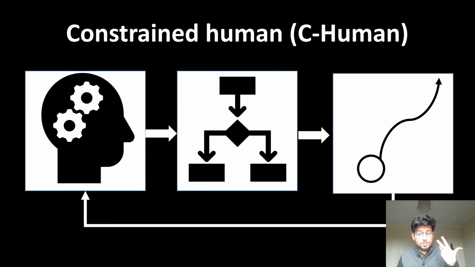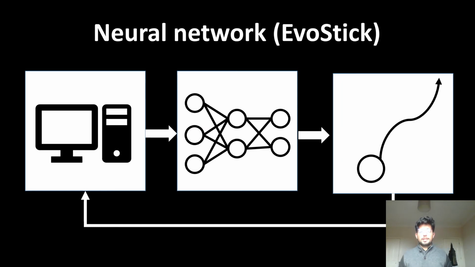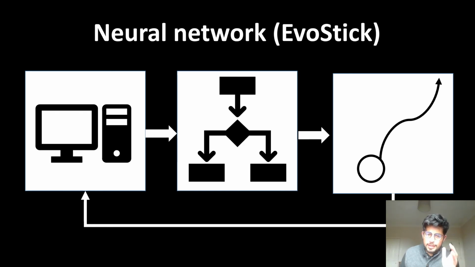For the constrained human, you just give them the actions and the states, and the human needs to decide how the controller is gonna be made. In the neural network one, the PC tunes the neural network, changes the weights in order to make the robot do something. And in Automode, instead of a neural network, it's gonna be a finite state machine, and the PC is gonna decide which states to use, and how these are gonna be connected with actions.